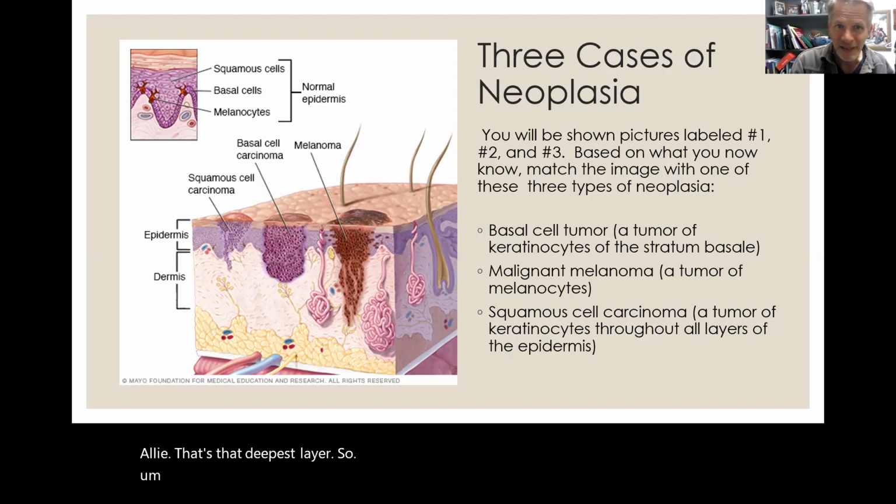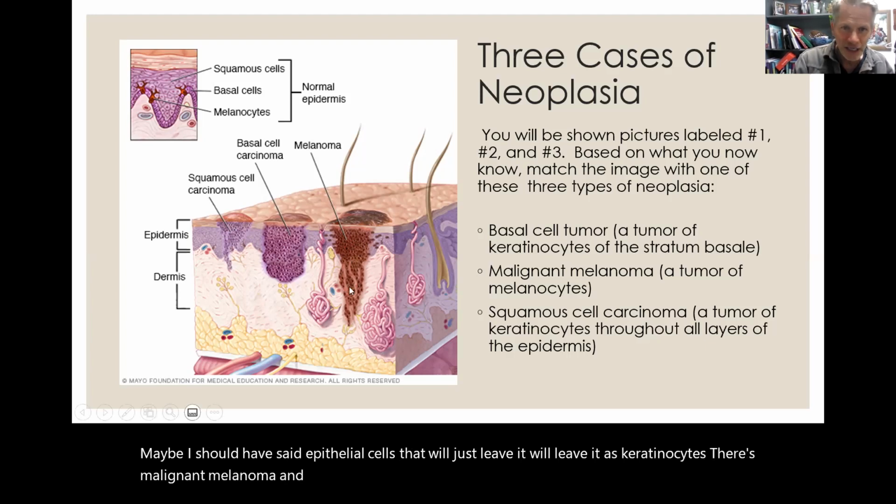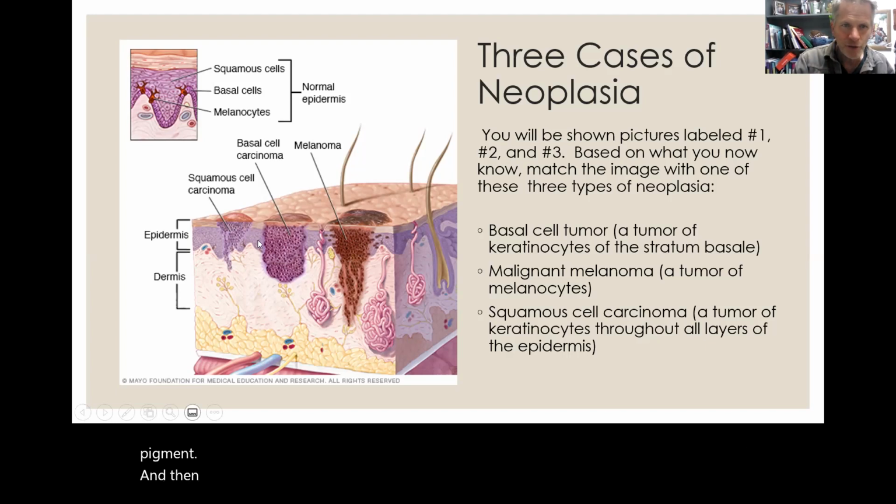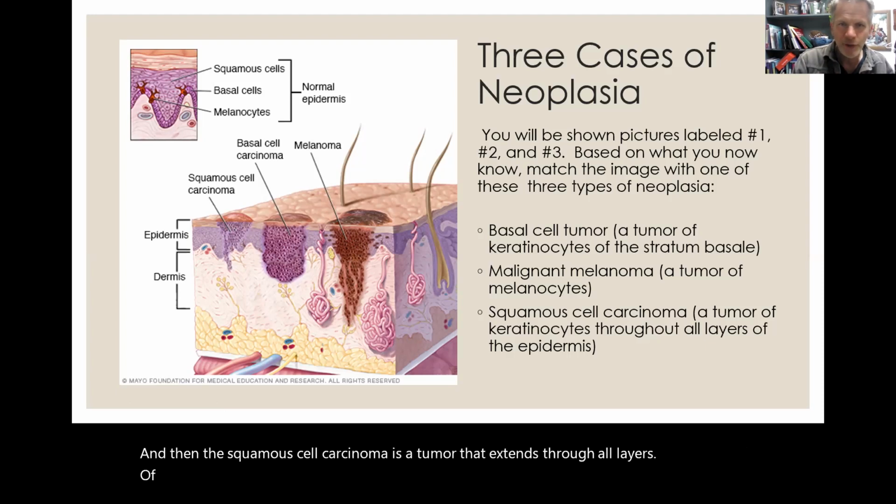Maybe I should have said epithelial cells, but we'll just leave it as keratinocytes. There's malignant melanoma, and that's a tumor of melanocytes, the cells that make pigment. And then the squamous cell carcinoma is a tumor that extends through all layers of the epidermis. All right, so these are our 3.